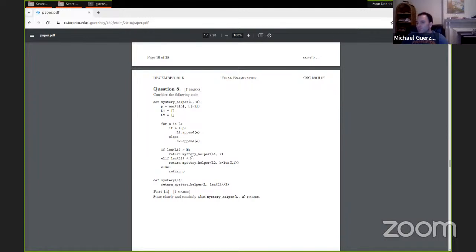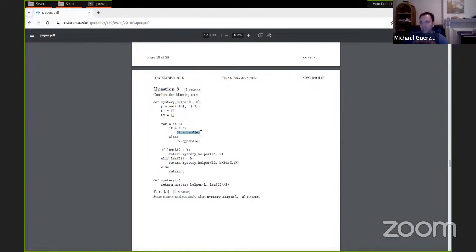And then what we want is for P to be such that L1 is as large as possible, right? So you could set it up so that P is such that L1 only grows shorter by 1 every time, right?